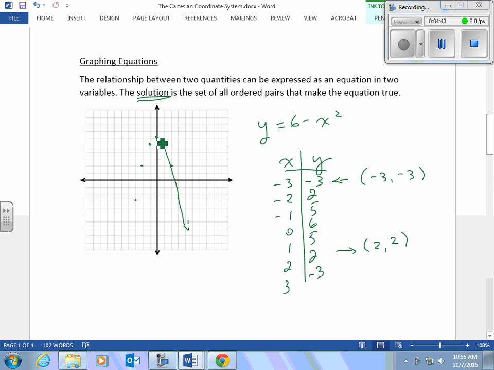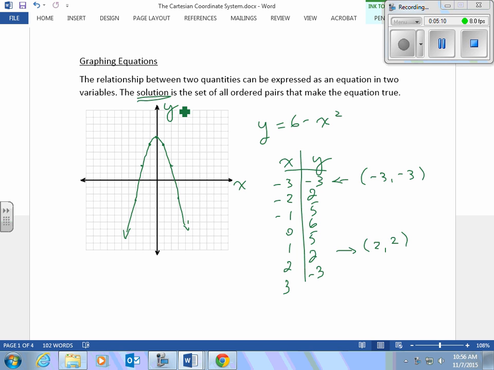If I were to extend my x values in the other directions, my y would continue to go down, so I could put arrows on the curve. I'll label my x and y axes, and I'm finished. This curve shows the solution to that equation because it's all of the ordered pairs that make that equation true.